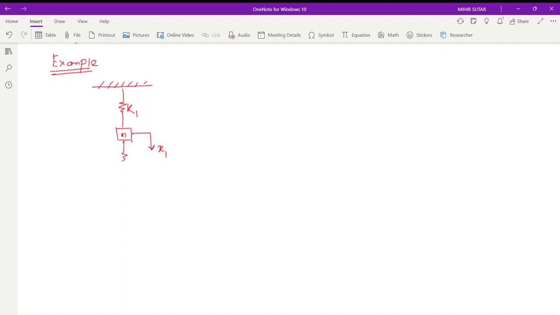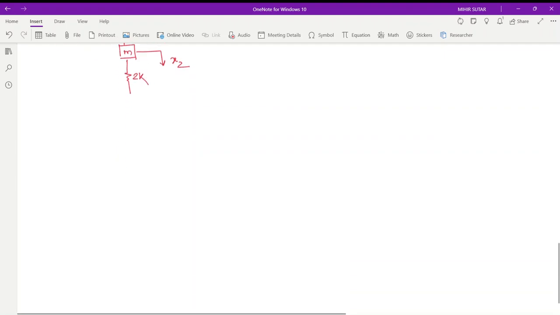Then we have a spring of stiffness K, and the second mass M has displacement x2. Then we have a third spring 2K connected with a third mass 2M, and its displacement is x3.